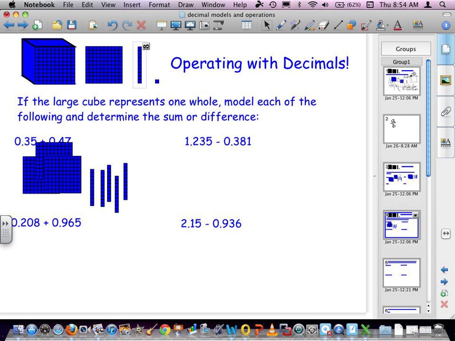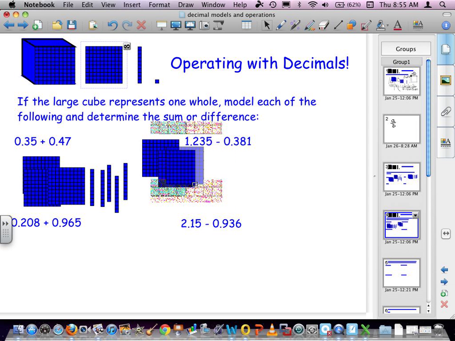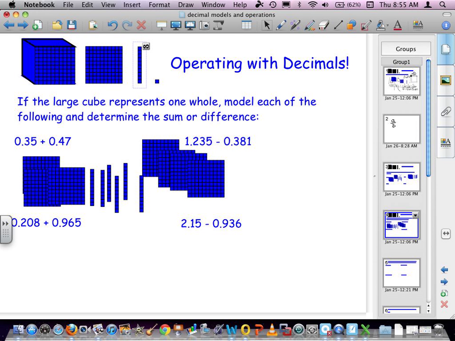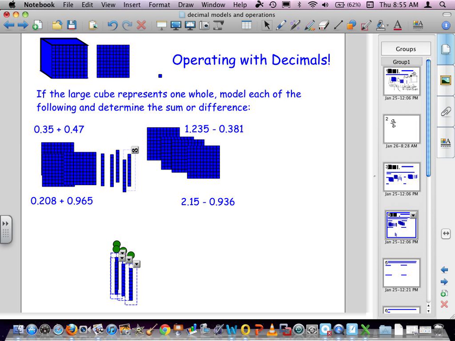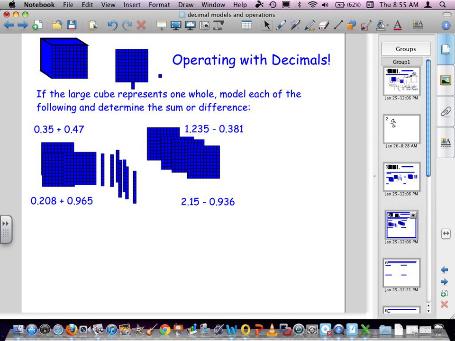And then 47. So there's 0.47, so 4 flats. 7 rods.